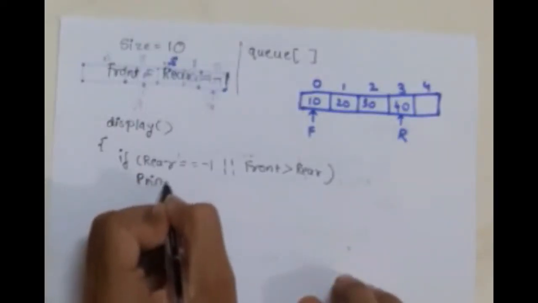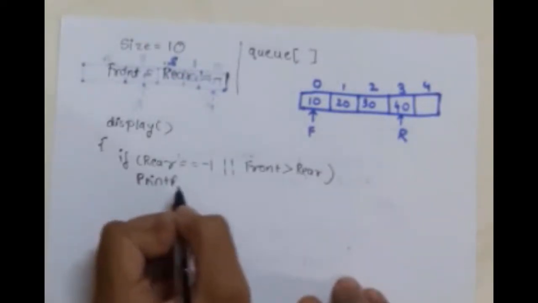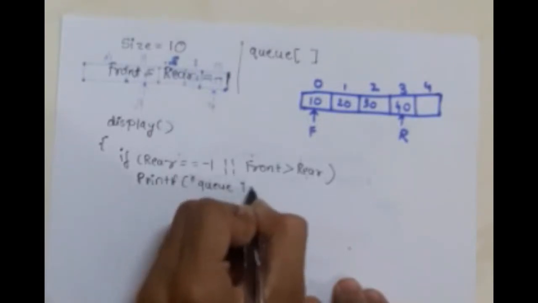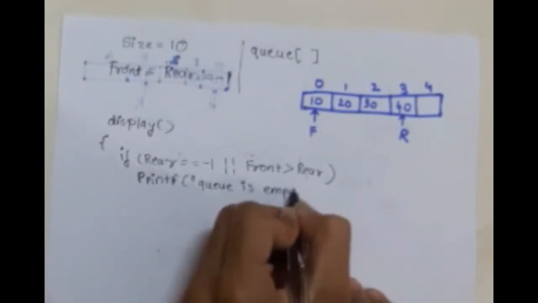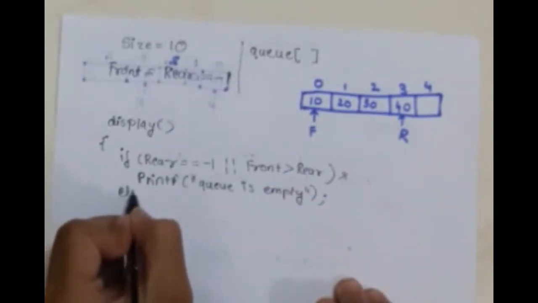printf queue is empty. Okay. And if this condition is not true, then it will enter into the else part.